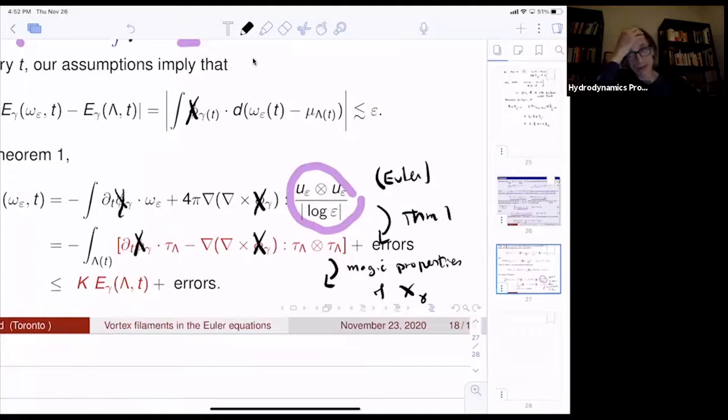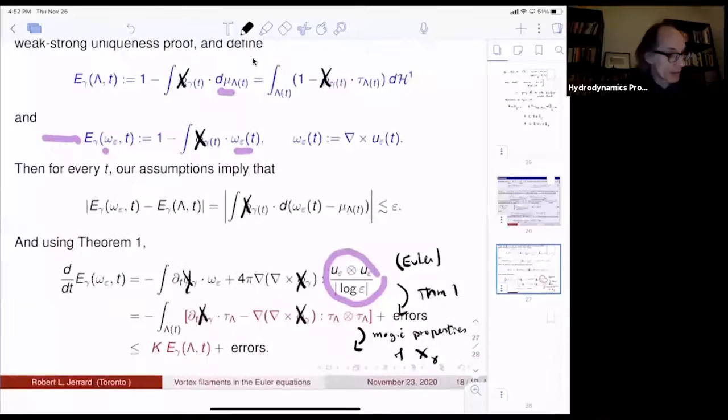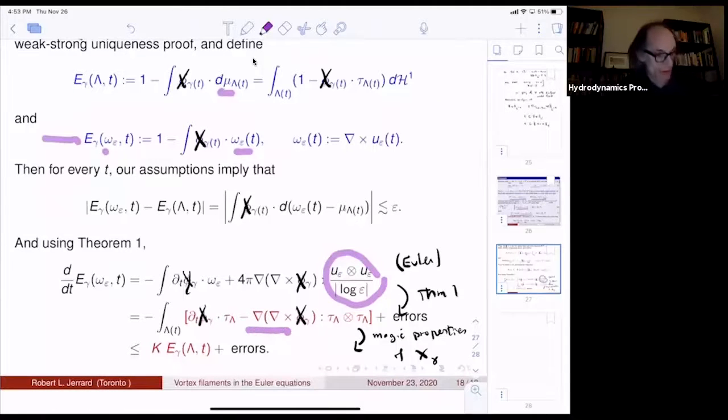Okay, we always have that pointwise inequality, and that's exactly the integrand in here. So this integrand is always pointwise bounded by a multiple of this integrand, and so the integral is bounded by a constant times e sub gamma up to errors.